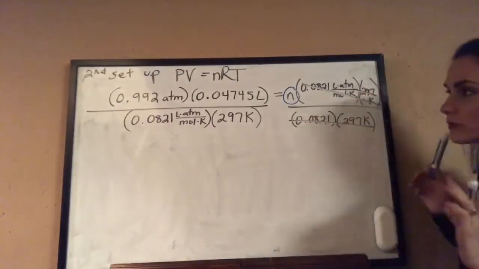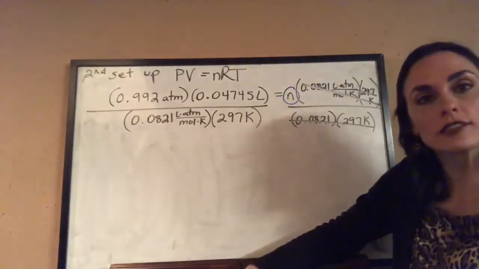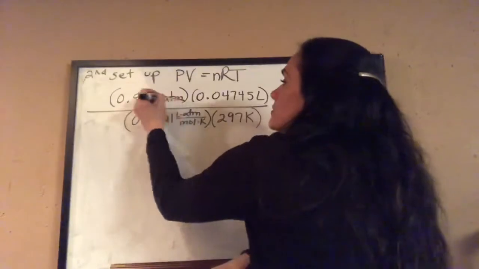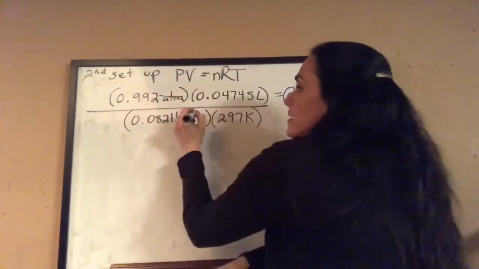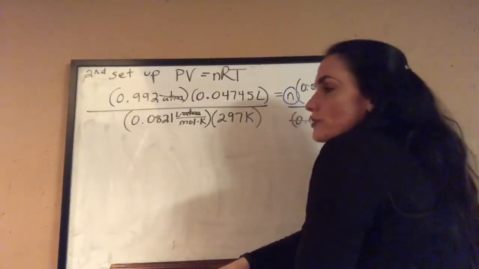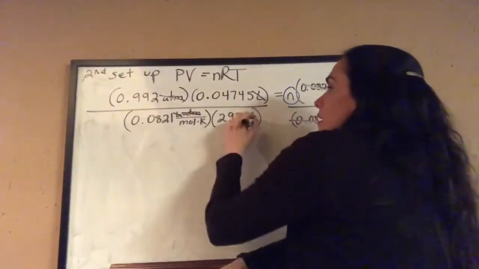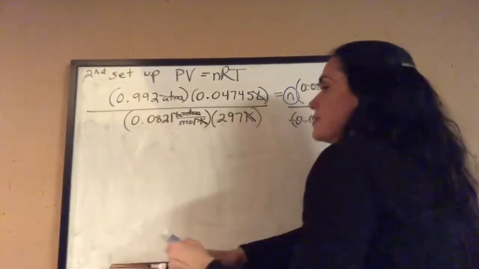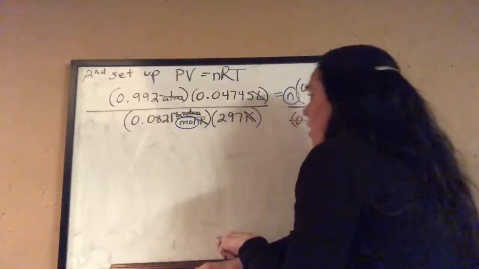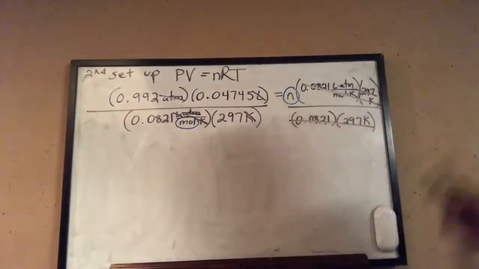Let's look at the left-hand side of the equation, and let's look at what units cancel out. Atmospheres cancels out, and atmospheres cancels out of the ideal gas constant's derived units. Liters. Kelvins. And what does that leave us with? Units of moles, which is what we're asked to find. How many moles of hydrogen gas?